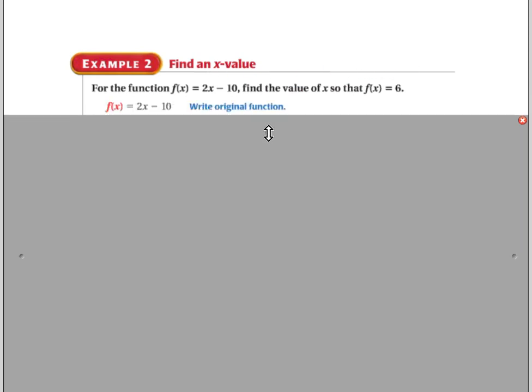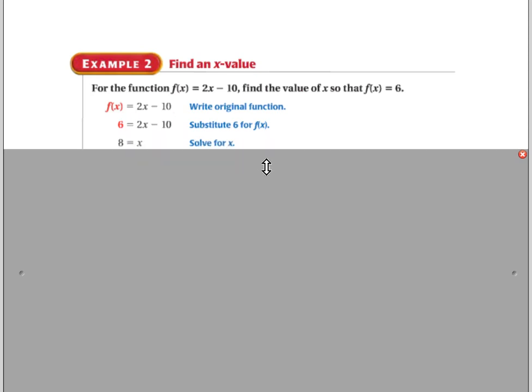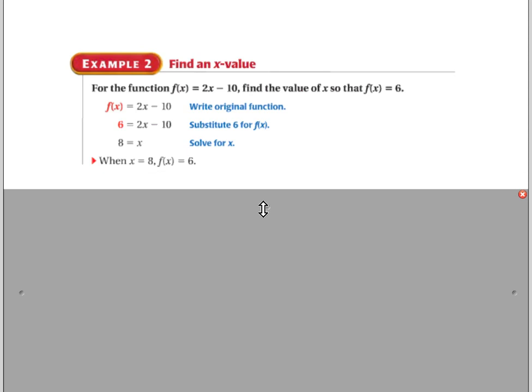So instead of substituting x for a number, I'm going to substitute f of x for a number. I'm going to turn f of x into 6, and then I'm just going to solve like I normally would for x. I'm going to add 10 to both sides, so then I'm going to get 2x equals 16, divided by 2, and that will get me 8. So when x equals 8, f of x equals 6. This is our answer.